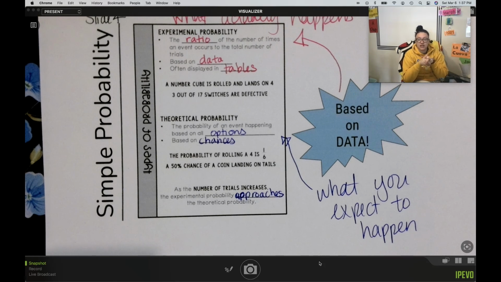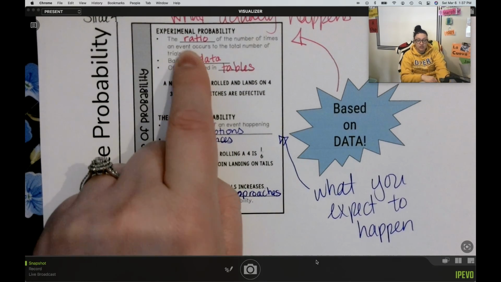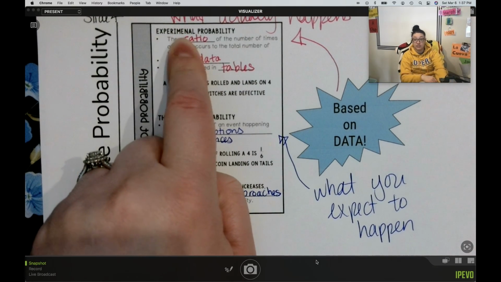I'm going to link a video to something I did last year with rolling a dice just a few times, and then a little bit more and a little bit more. And the more rolls I did, the closer those probabilities got to the 17% that you would expect to have happen. Again, the biggest thing here, experiment, you have to experiment, you have to do something, you need data.